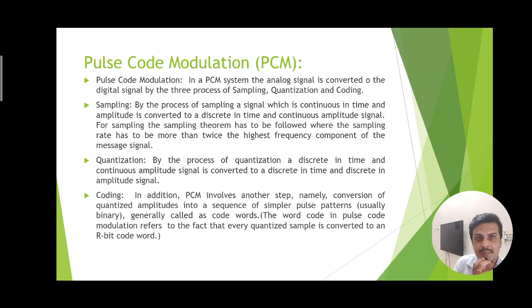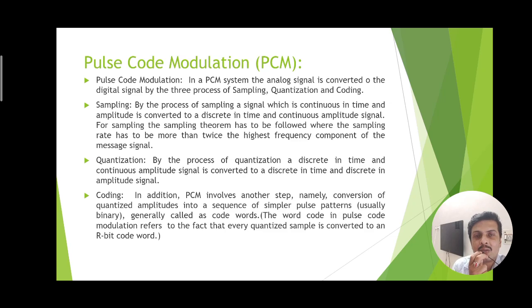For sampling, the sampling theorem has to be followed. That means the message frequency must be limited to a highest frequency component, otherwise it is required to be low pass filtered, by the pre-aliasing low pass filter, so that sampling theorem could be applied.